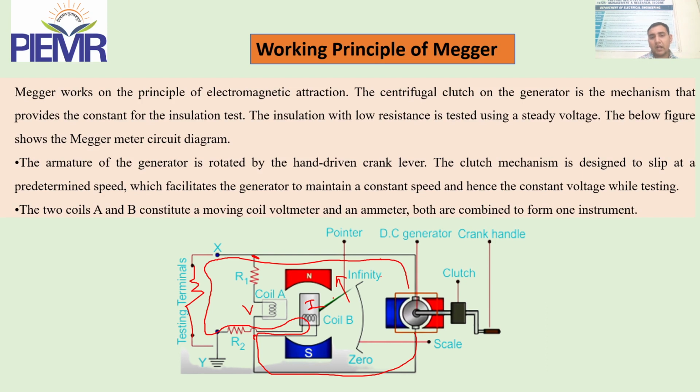So coil B attracts the pointer toward the zero position. By this attraction of coil A and coil B, as they measure voltage and current, they determine the resistance in the circuit. Okay, that is the basic working of our mega ohm resistance meter.